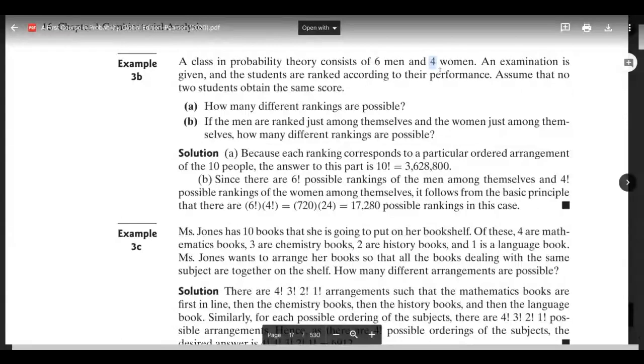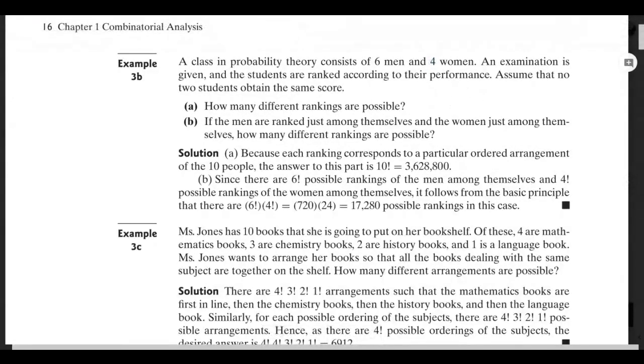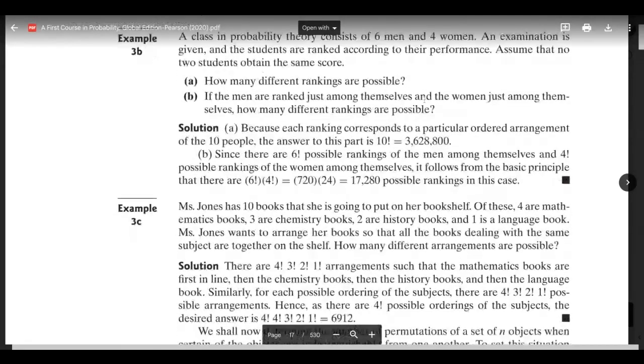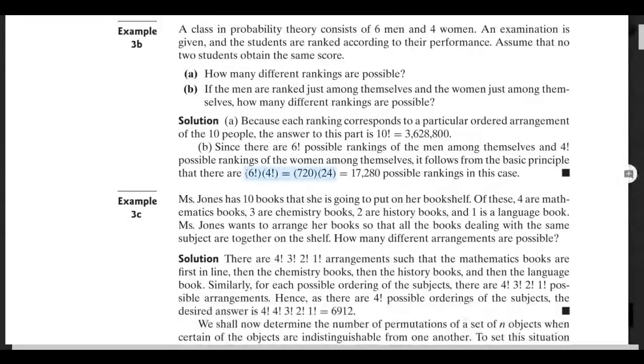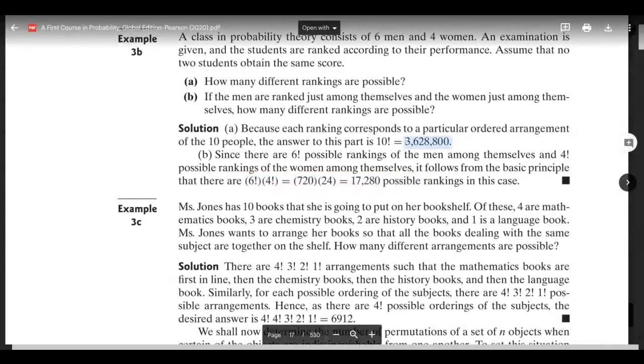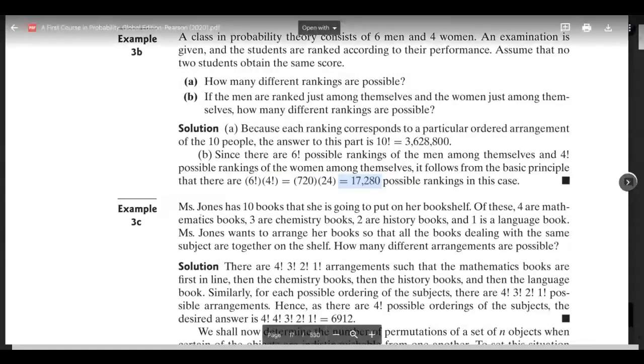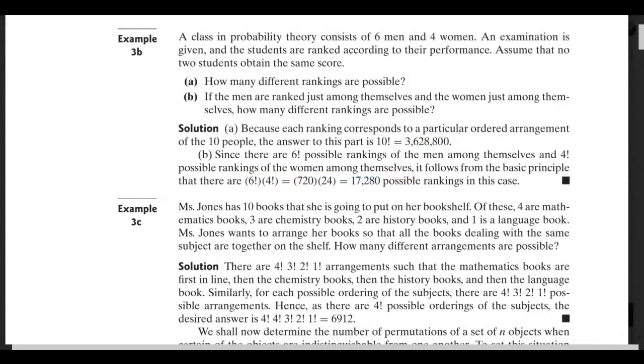And women rank themselves too, that's 4 times 3 times 2 times 1, 4 factorial. Then by the counting principle, we multiply them. So that's 6 factorial multiplied by 4 factorial, which is this number. It's a lot smaller than 10 factorial, right? Any questions?